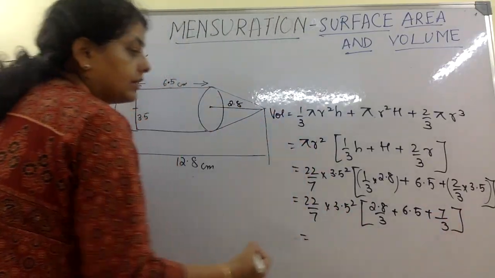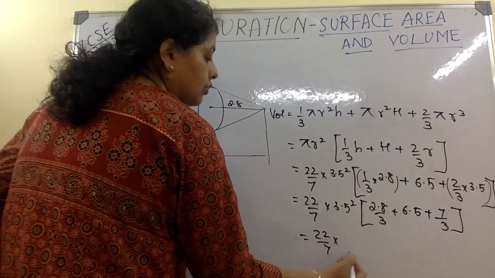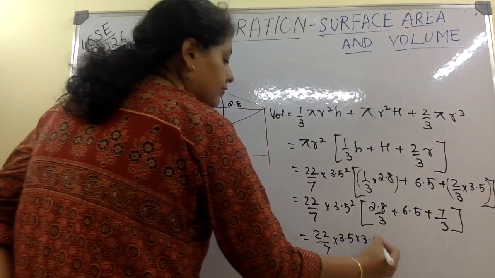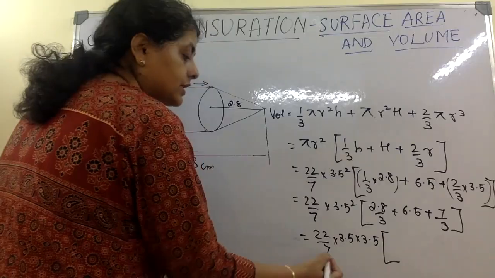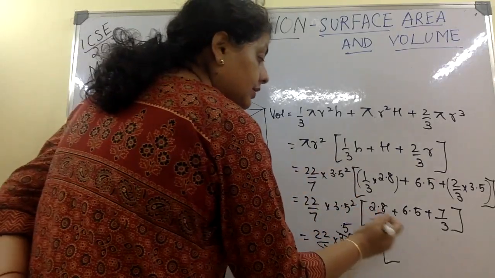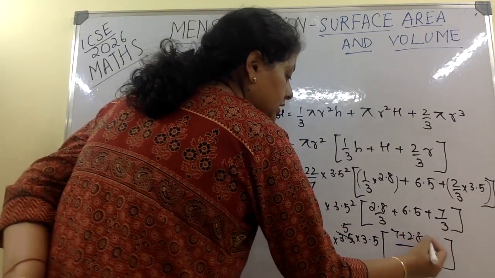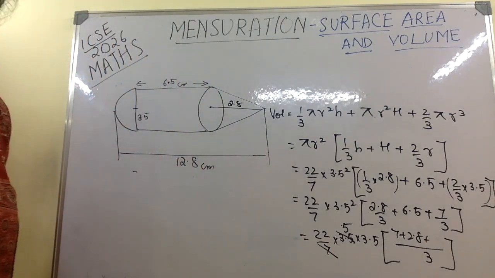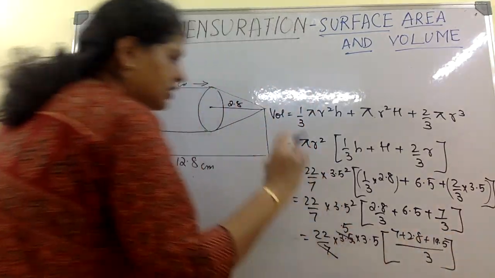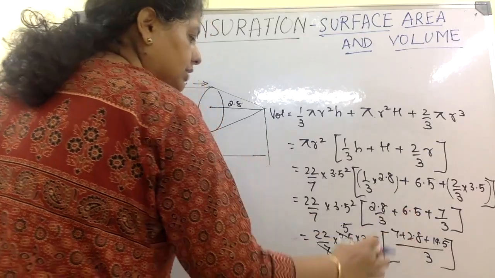Now I can cancel one 3.5 with the 7, and the other 3.5 becomes 0.5, which means a half. Here I'll make the LCM of 3 and then I get 7 plus 2.8 plus 19.5. Don't worry too much about these things. Just take the LCM here, consider 1 and do this sum.